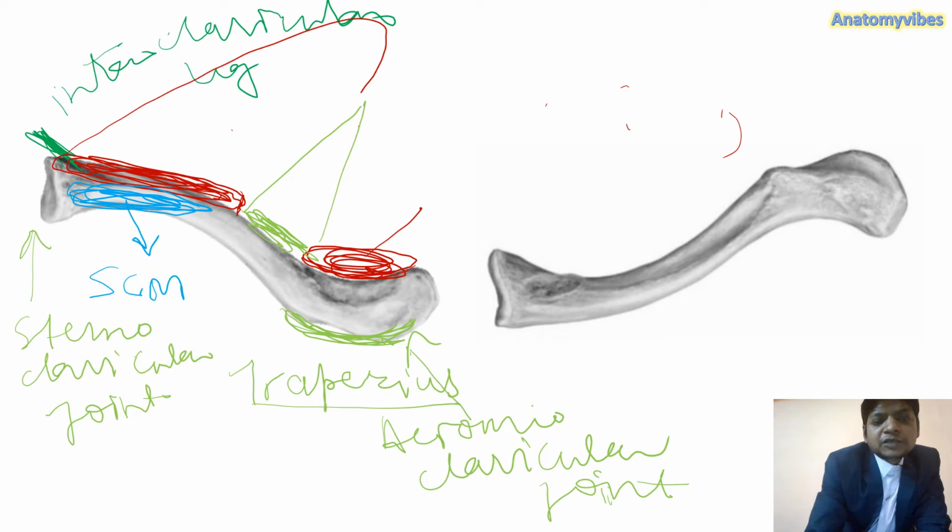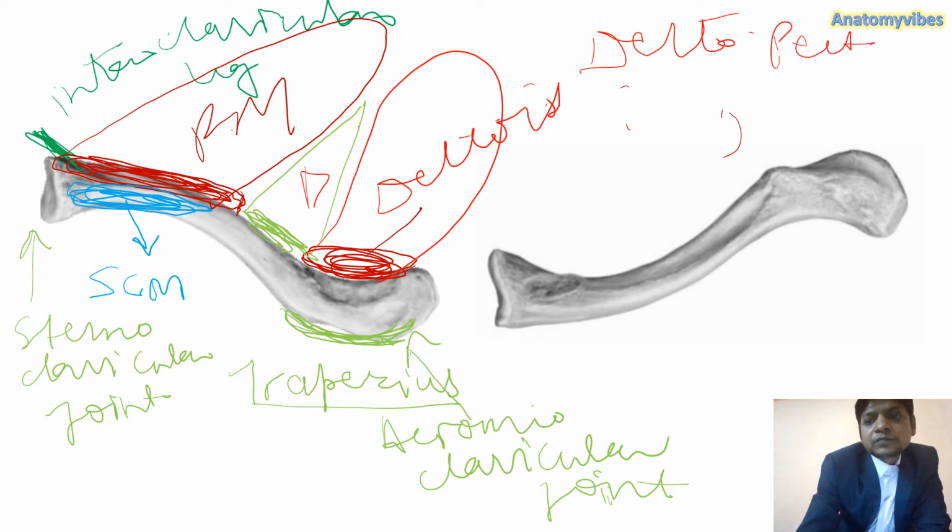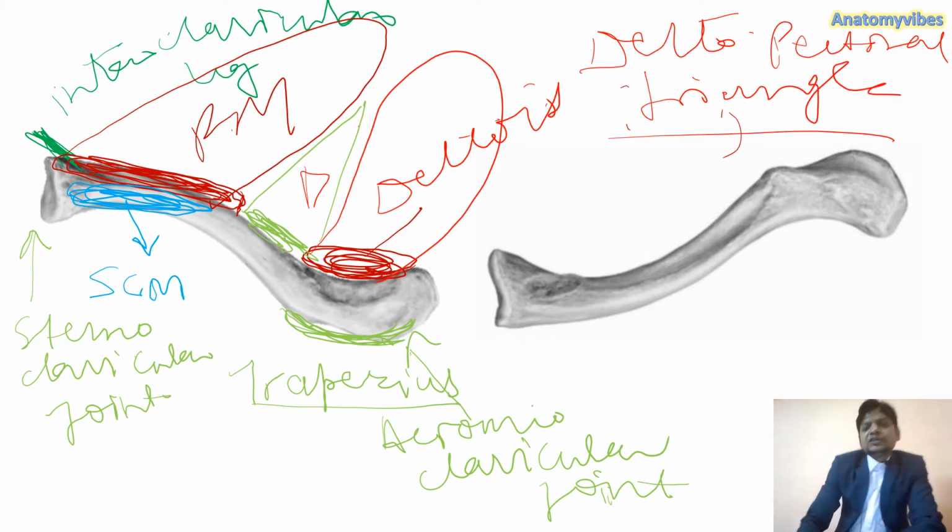On the medial side will be pectoralis major and on the lateral side will be deltoid. This triangle is known as the deltopectoral triangle. This triangle is very important anatomically, and the content of this triangle is the cephalic vein.